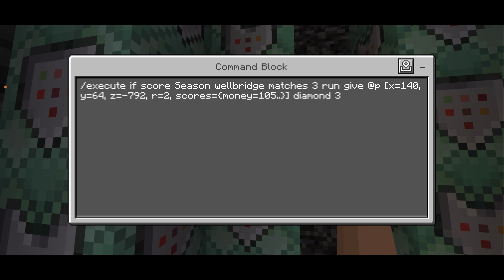So I'm basically rewriting everything down to the money score, except I'm changing what the season matches.